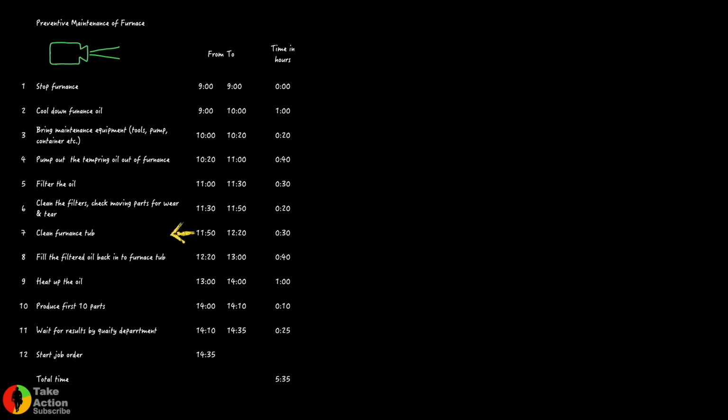Activity number 7 is that we are cleaning the furnace tub. Activity 8, we fill that filtered oil back into the furnace. Activity 9, we heat up the oil again. Activity 10, we produce the first 10 parts. Activity 11 is that we bring these parts to the quality department and wait for the results. And once this is okay from the quality side, they say we can run the machine. Then activity number 12 is that we start the machine.